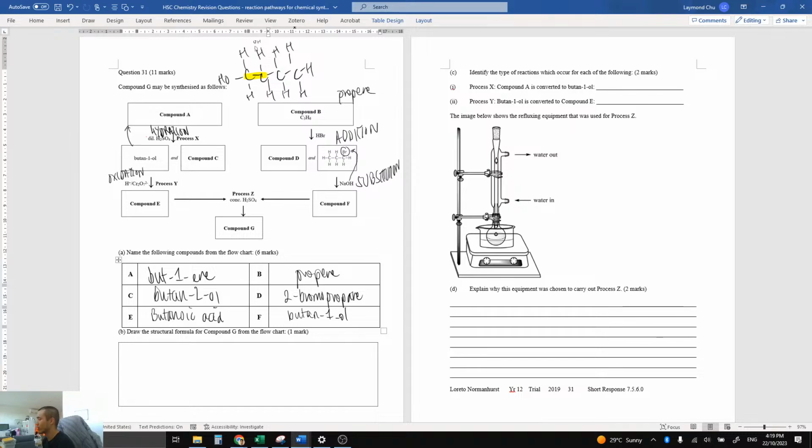All right, draw the structural formula for compound G from the flowchart. Where's G? G is this one. Process Z is an esterification reaction. Cool. So compound E is butanoic acid. F is, oh, sorry, not butanol. Sorry.